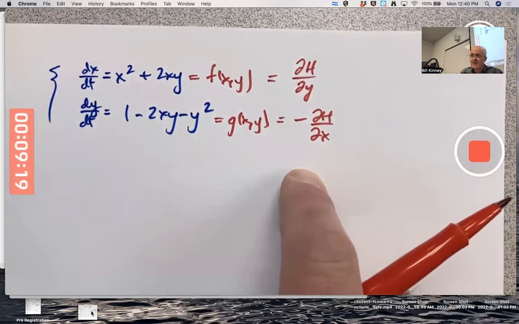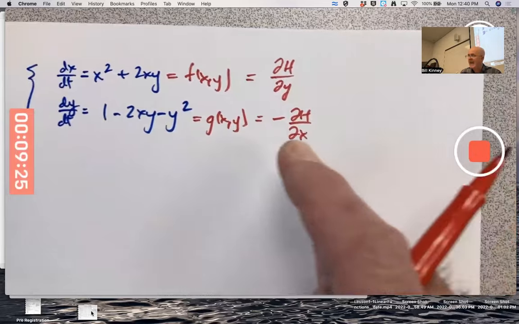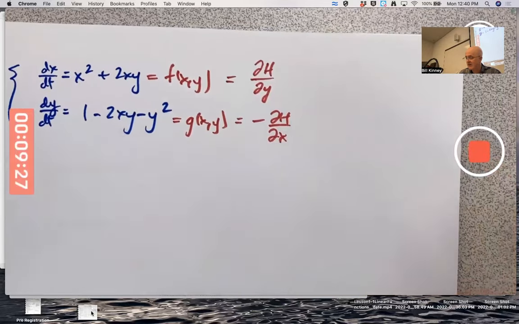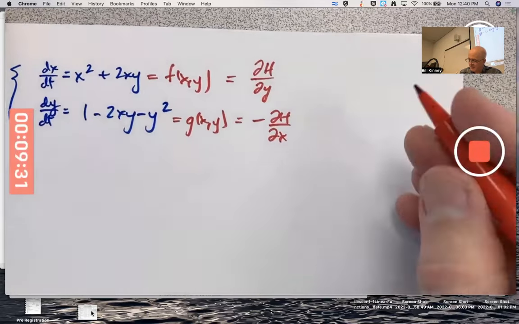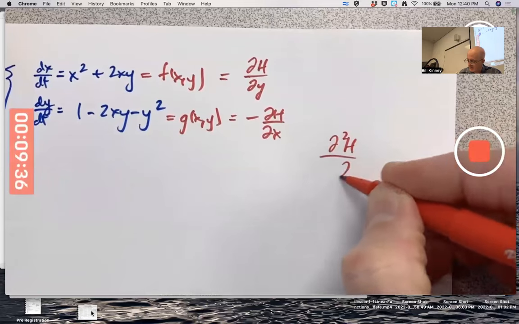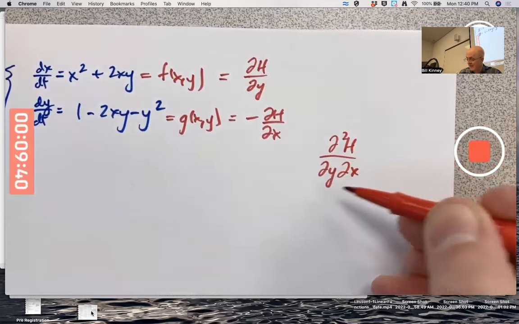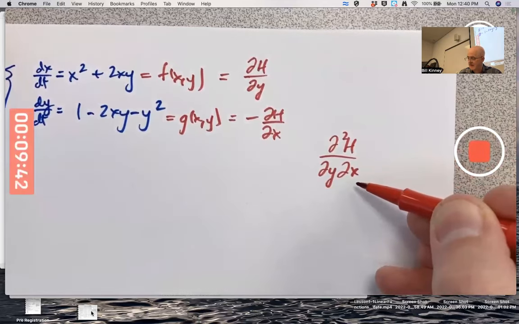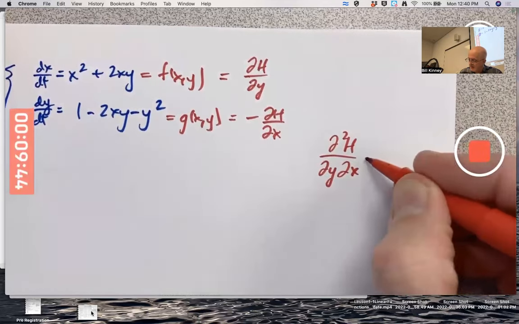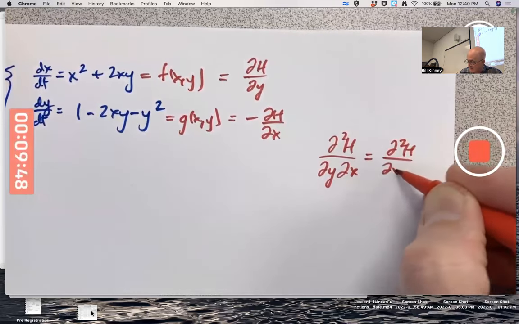It also turns out that mixed second order partials for nice functions, at least, are equal. If H, which again is unknown here initially, is a nice function, meaning ordinary functions that you're used to, the second order partial of H where we differentiate with respect to x first, then with respect to y, equals the second order partial where you do it in the opposite order. This notation you work right to left. The order really doesn't matter.